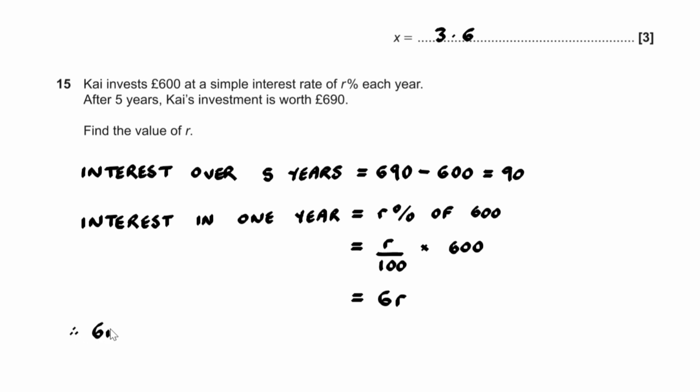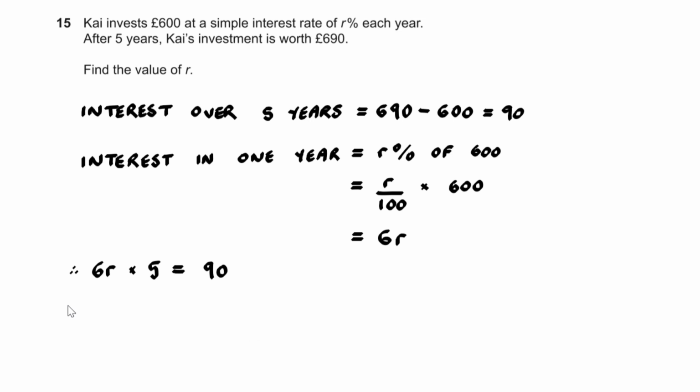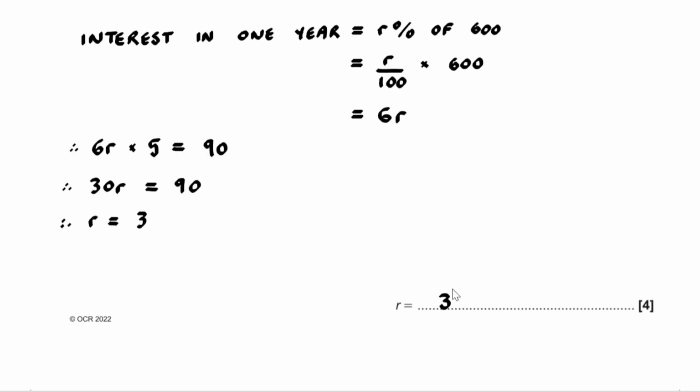So we have 6R multiplied by 5 equals 90, which means that 30R equals 90. So R equals 3. So R is equal to 3.